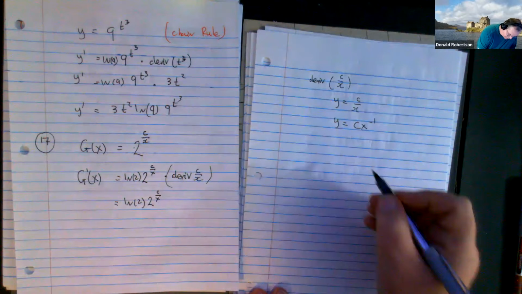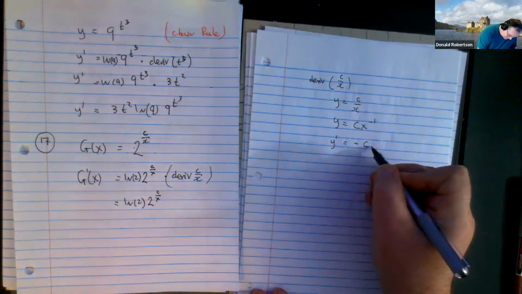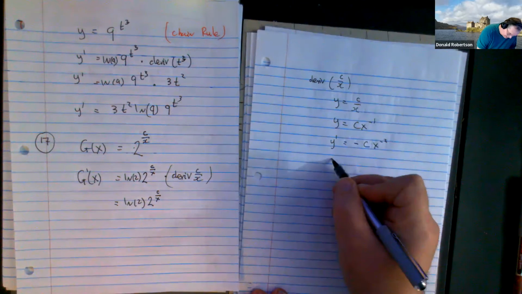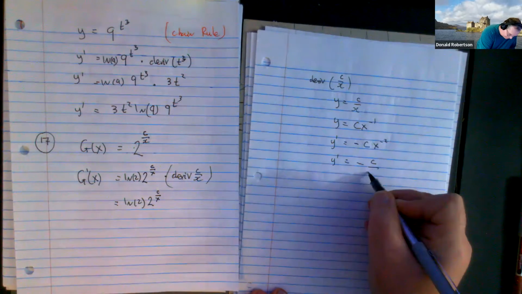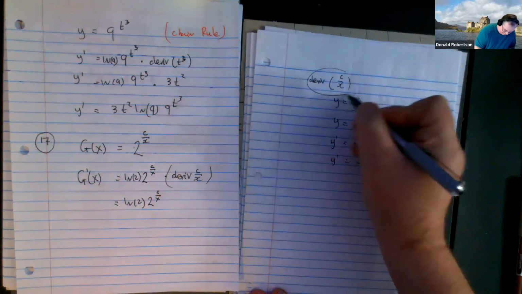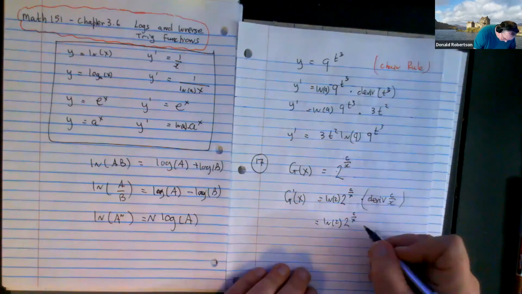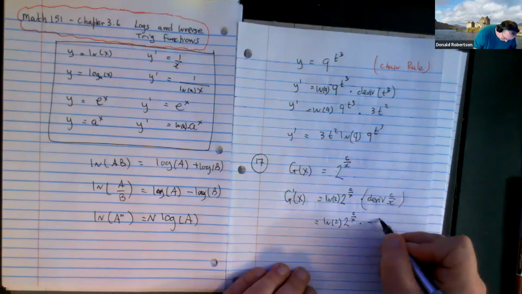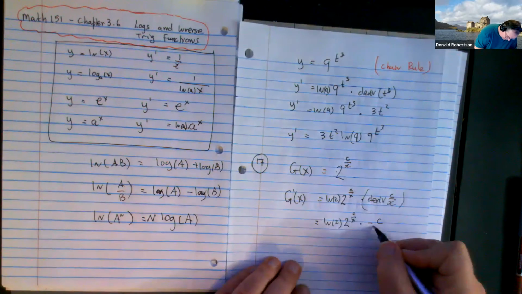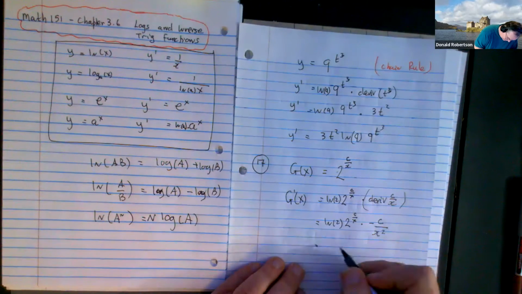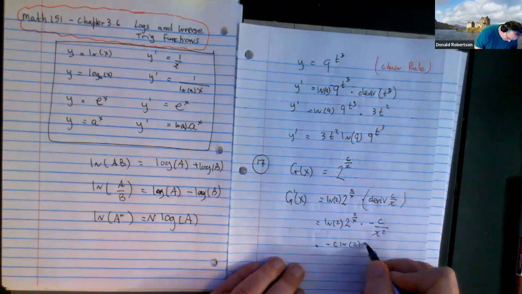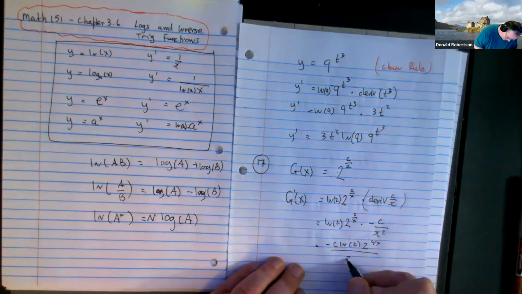Multiply by the power, reduce it by 1, and then make it look pretty. So the derivative of that is this. So I go over here and I put in negative c over x squared. And I'll try and make it look pretty. And that's the best I can do.